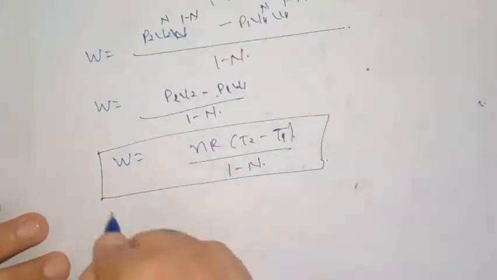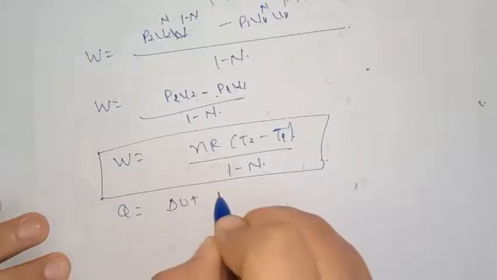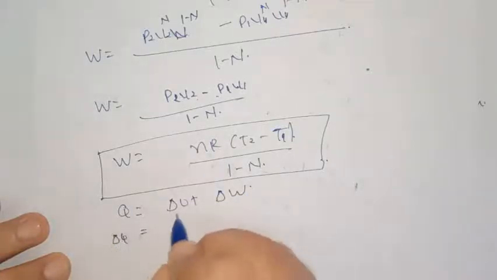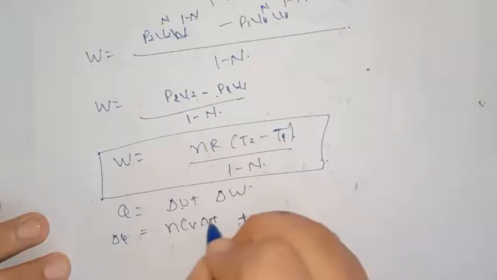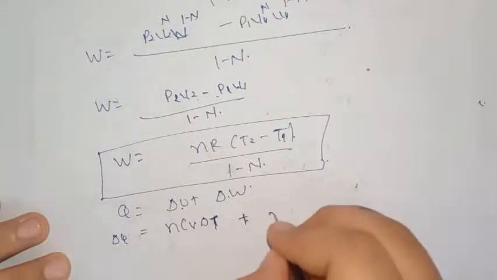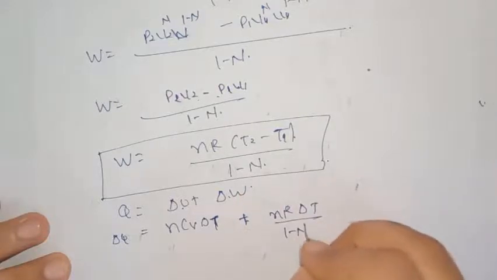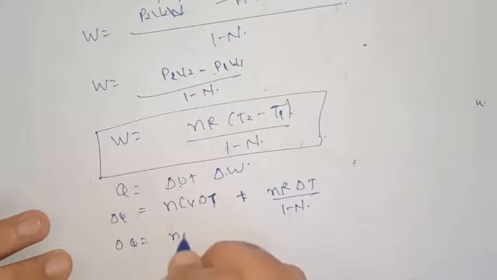Delta Q can be written as delta U plus delta W. So delta Q will be nCv delta T plus delta W, which is nR (T2 minus T1, that is delta T) upon 1 minus n. We can take this n delta T common.